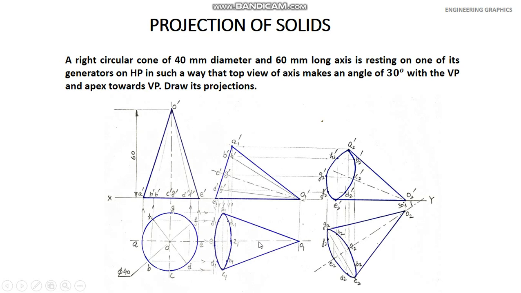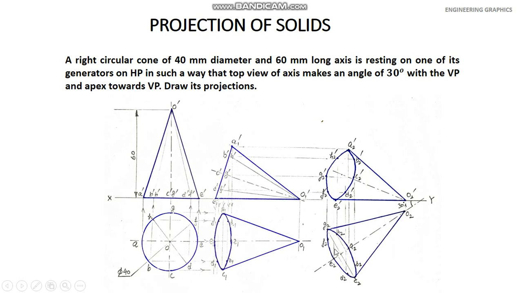It should be at an angle of 30 degree to VP. So in the third step, make an angle 30 degree and draw the axis on this line. So this axis is inclined at an angle of 30 degree here in the third step with VP.